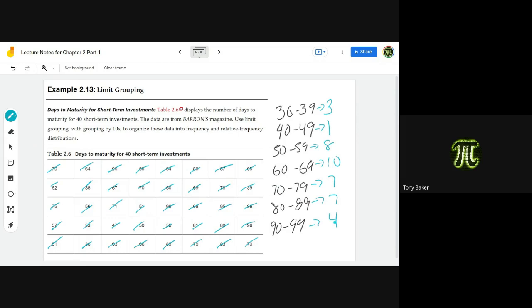And we had 40 of them. 4, 12, 22, 36, 40. Counted correctly.